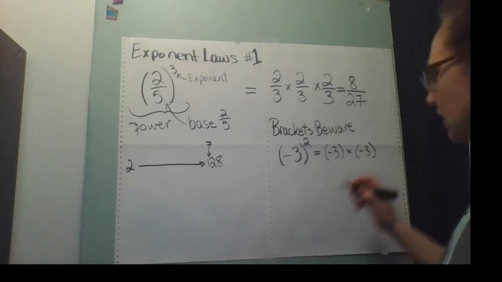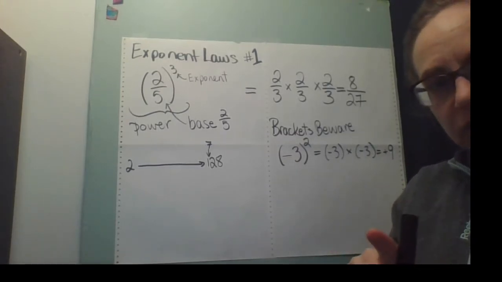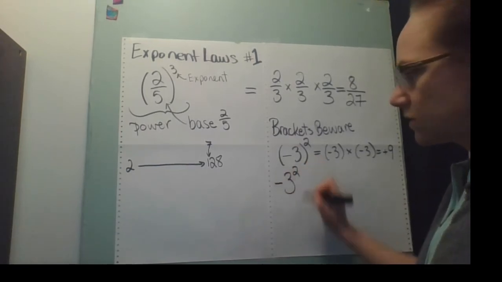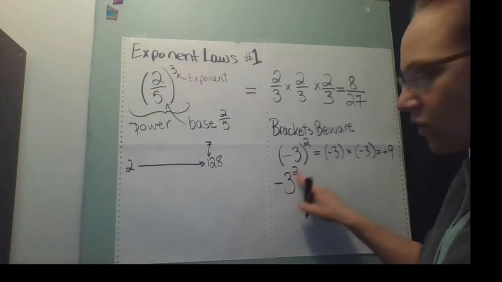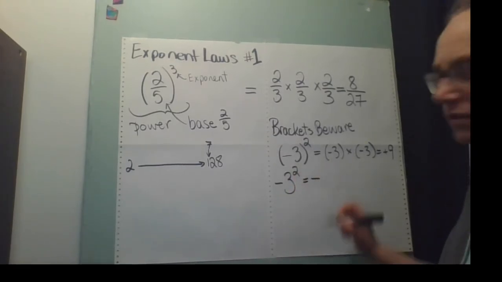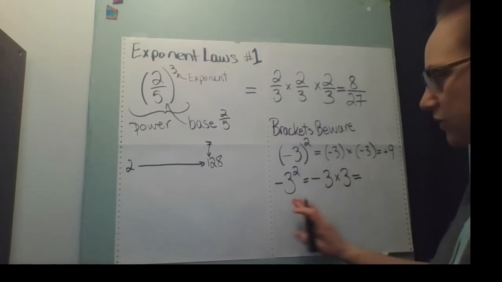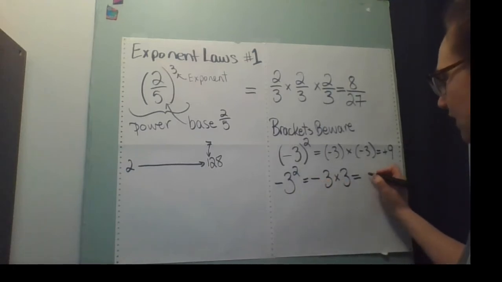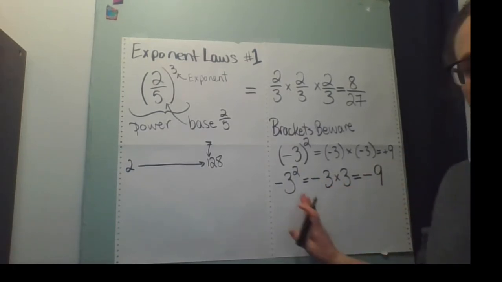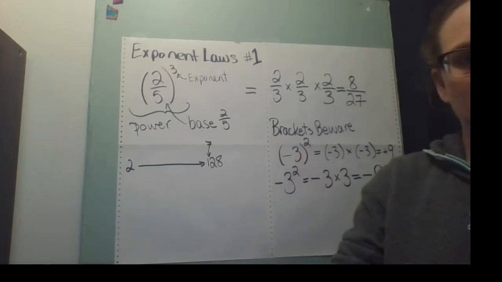So in this case, I would end up with a positive 9. But if I don't have those brackets, if I just have minus 3 to the exponent 2, well, that exponent is only hitting the 3. So I would have a negative out front, but then it becomes 3 times 3. So in this scenario, I have a negative answer. 3 times 3 is 9. So you have to watch where that exponent is actually being applied.